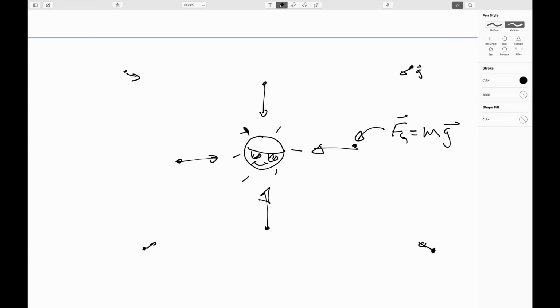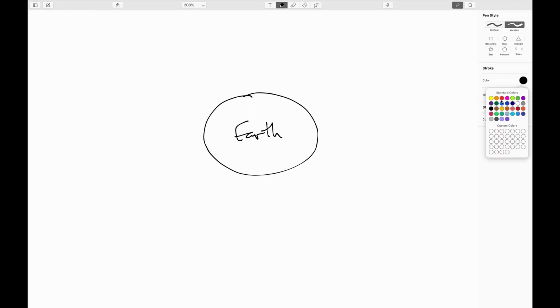But we can take a look at an example near the surface of the Earth. So let's say you are standing near on the surface of the Earth. The Earth will have a radius of r sub Earth and a mass of m sub Earth.